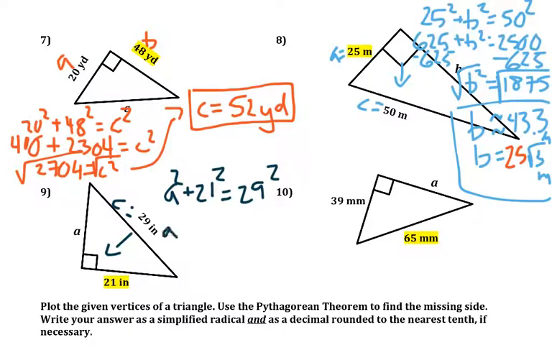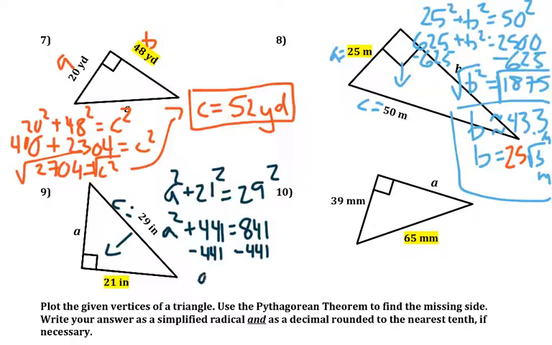So we have A squared plus 21 squared, which is 441, equals 29 squared. So using our calculators, 29 squared, entering that in, we get 841. So now we're going to subtract the 441 from both sides.